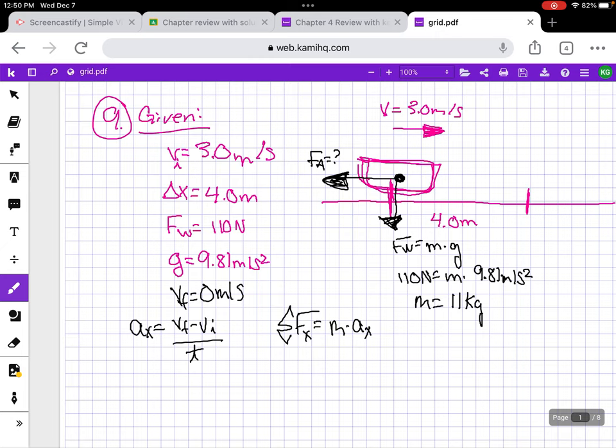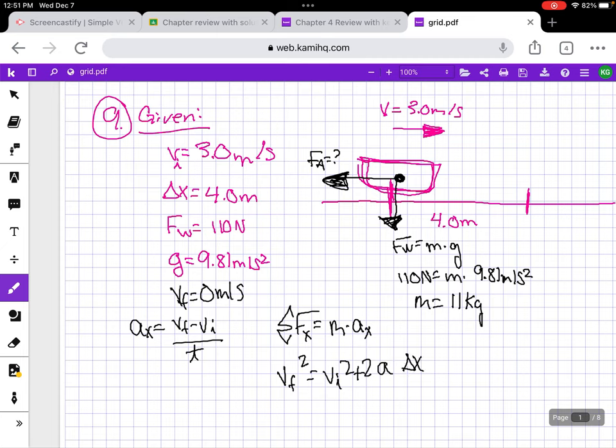So let's use a kinematic equation. It's a constant acceleration. I don't have my kinematics with me. If we look at our note cards, we're going to find the time-independent kinematic, and it is that v final squared is equal to v initial squared plus 2 times acceleration times delta x.